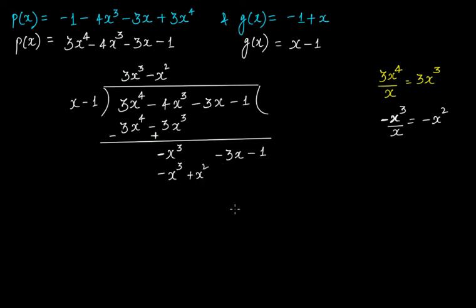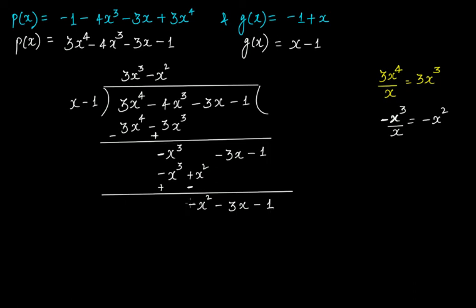Now the basic concept of division, the subtraction: one is plus and this is minus, so this becomes minus x squared, and from here you get minus 3x and then minus 1. The new dividend is minus x squared minus 3x minus 1.